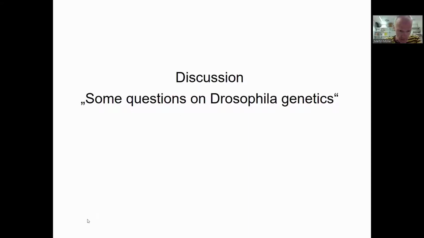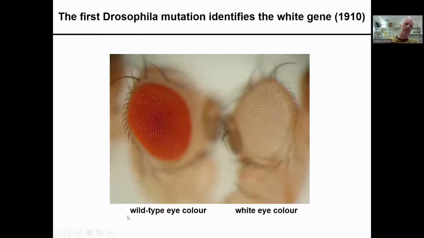problem that Morgan had in 1910 when he isolated the first fly which had white eyes instead of red eyes. And of course, Morgan, as you know, flies don't live forever.